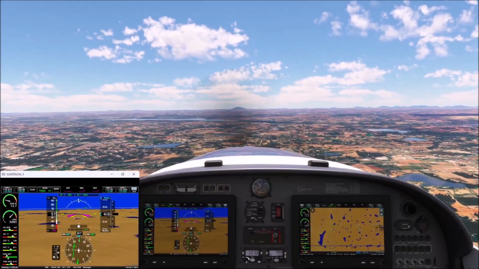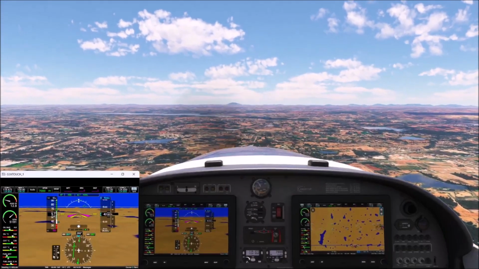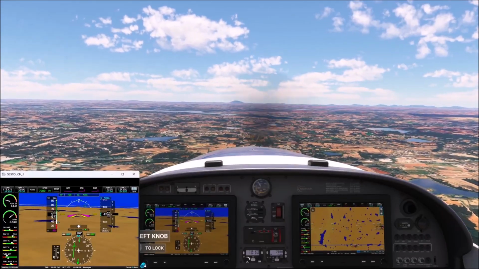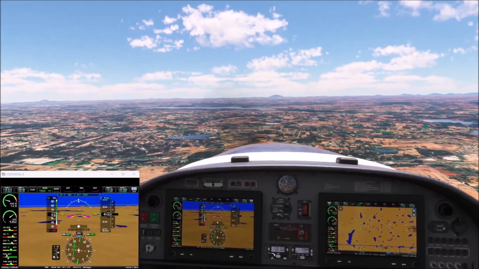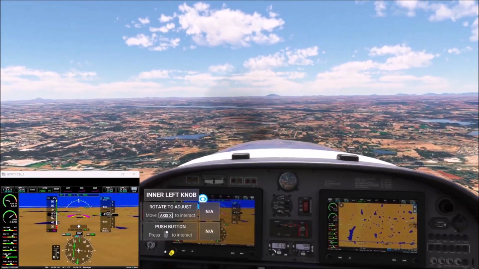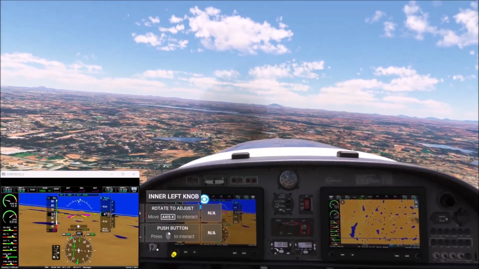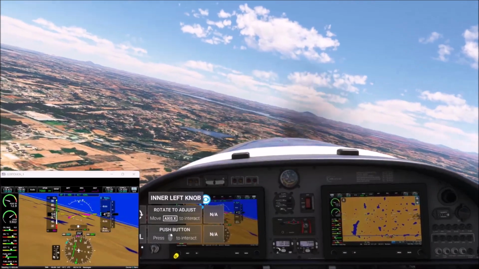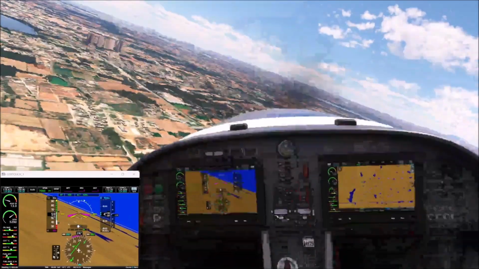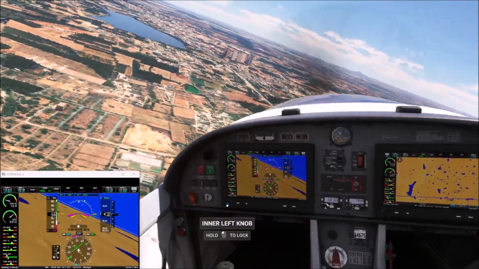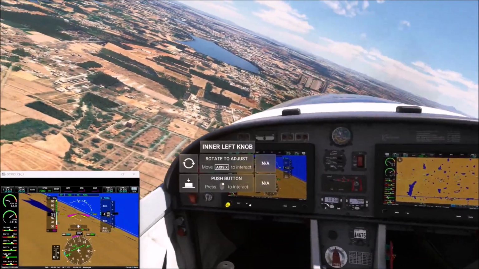Our new ILS frequency is set 109.30. Let us turn. Okay, here's the knob, the problematic knob. Yeah, you see, even now I have some problems.